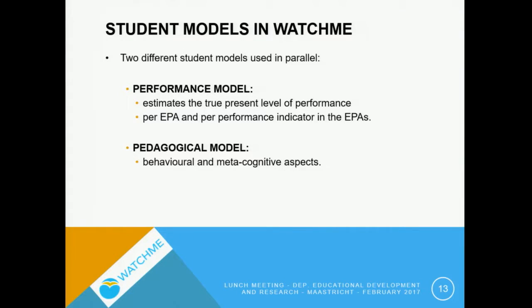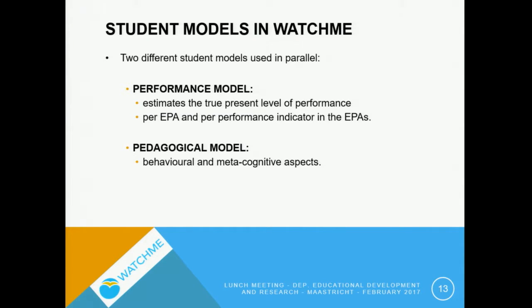Now, as Jeroen already told, we developed two different student models in the project. University of Reading and Maastricht University were involved in the student model called the performance model, and we have developed the pedagogical student model. And naturally I will tell a little bit more about the pedagogical than about the performance model.